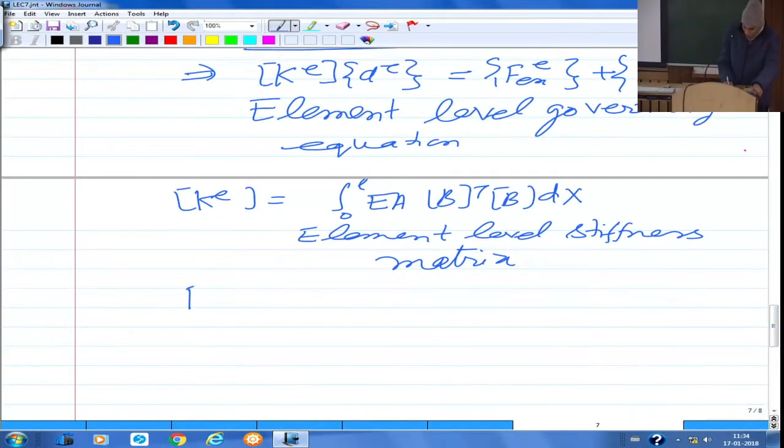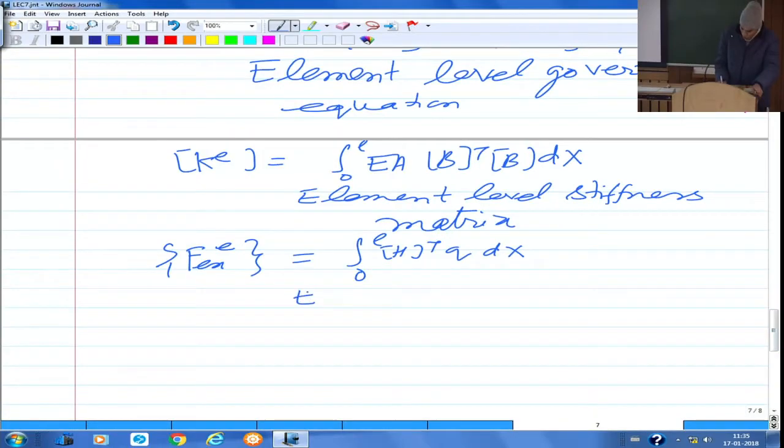And F external, if you recall the notation I used, was the integration from 0 to L of H transpose into Q dx, and we call it the element level external load vector.